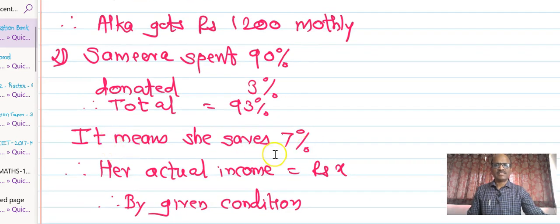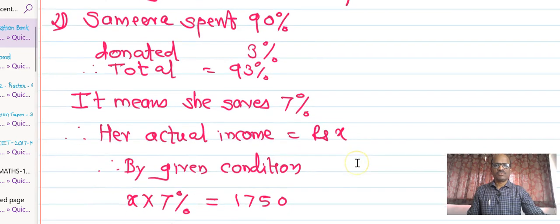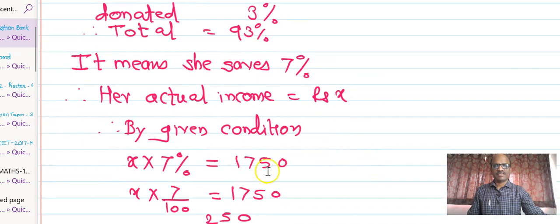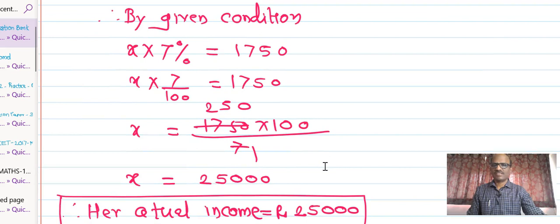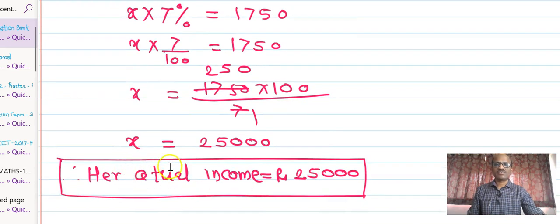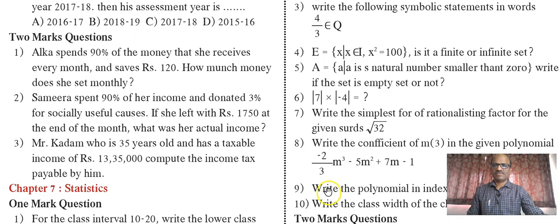It means that she saves 7%. Her actual income is rupees X, therefore by given condition, X into 7% is equal to 1750, and if you solve this, then you will get X is equal to 25,000, that is her actual income. Now next question.